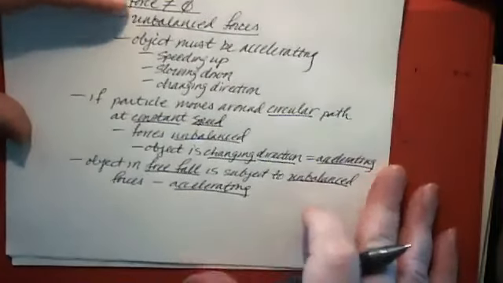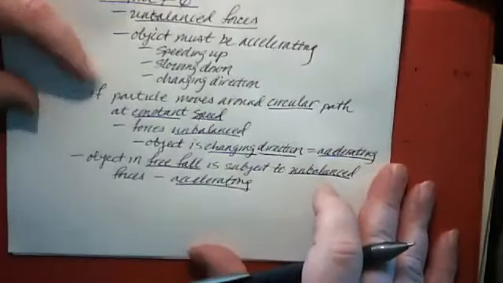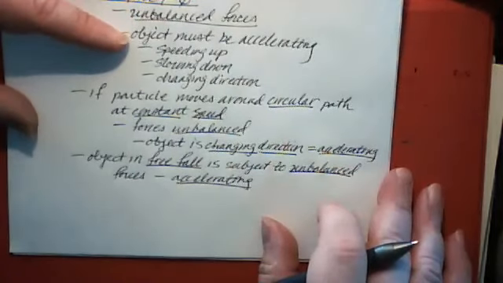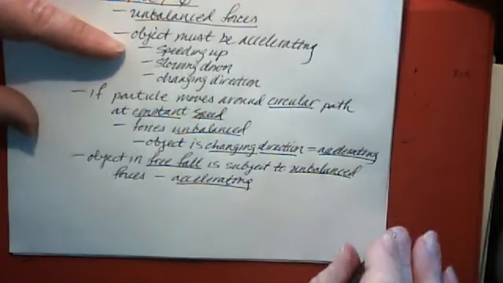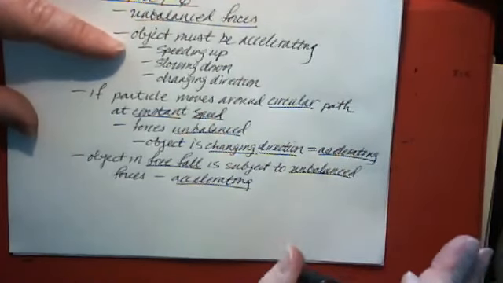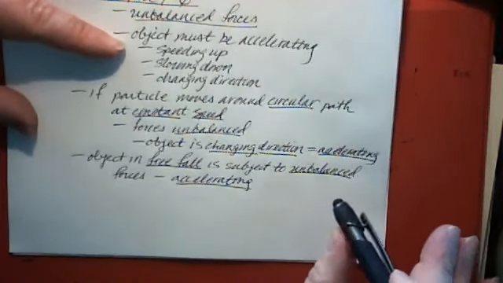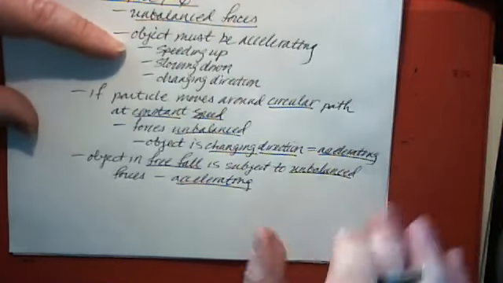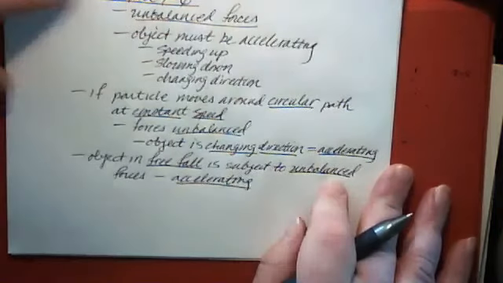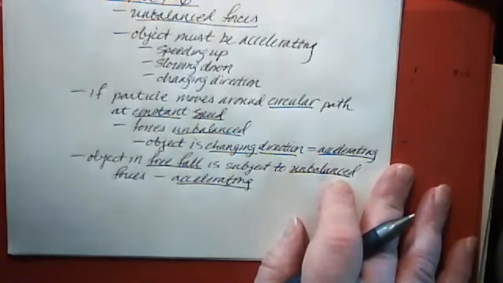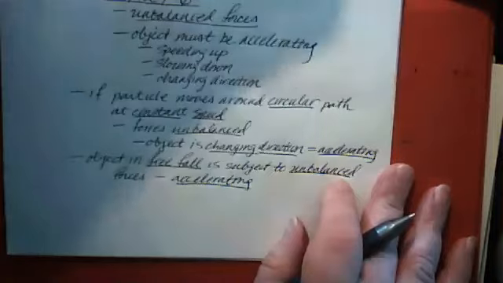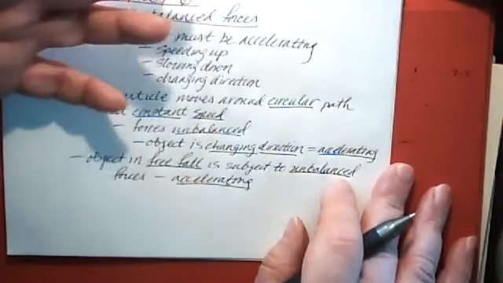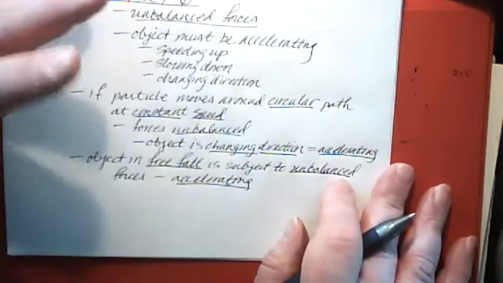Once the object hits the ground, it's no longer moving, and at that point, the forces are balanced. Okay, so when, say, a skydiver jumps out of an airplane, the skydiver will be accelerating towards the Earth, and that means that the forces on the skydiver are unbalanced.